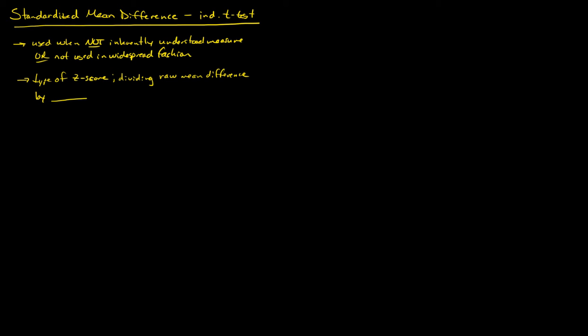If you stop and think about this for a minute, you might be able to finish this statement, because how do you create a z-score? It's a raw score minus a mean divided by the standard deviation. And so in this case, we're going to divide by some kind of standard deviation.